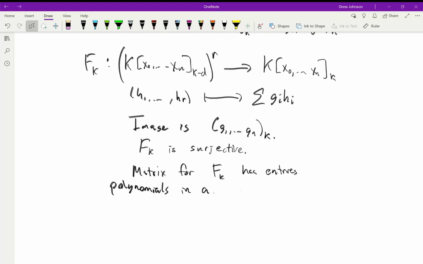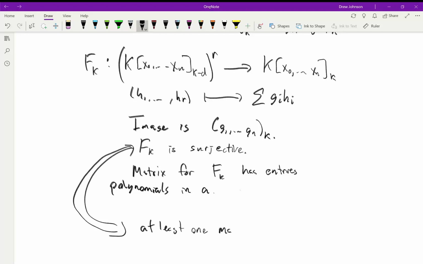So you can write a matrix for fk that just has entries that are polynomials in A. Now, fk is surjective. This will be equivalent to at least one maximal minor of the matrix for f not being 0.